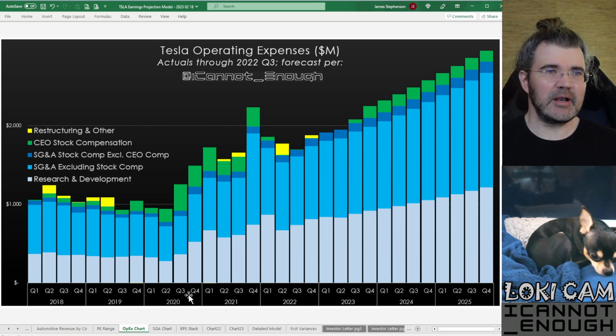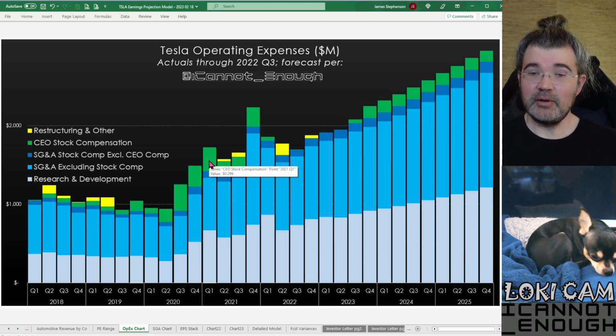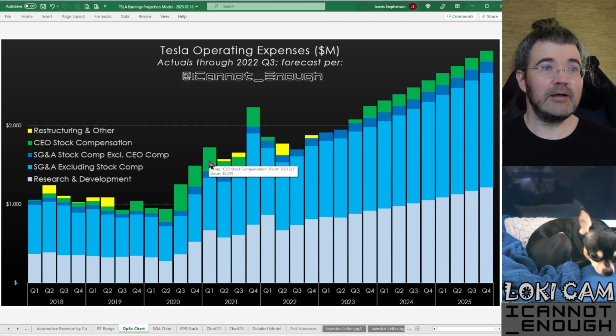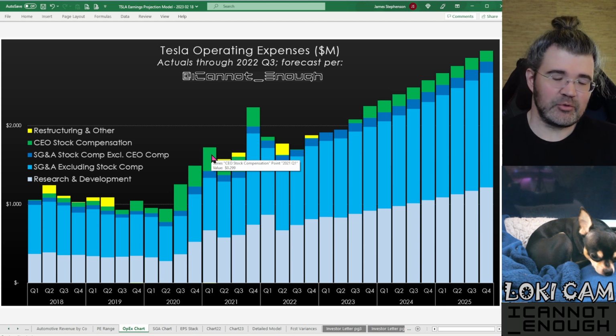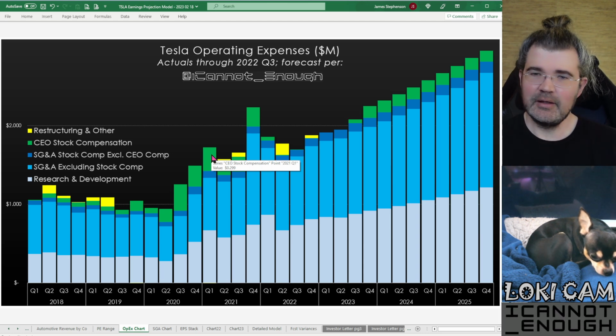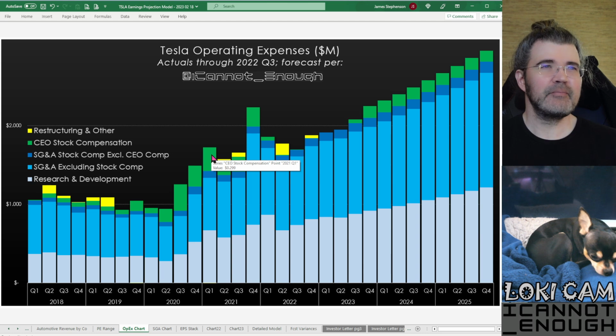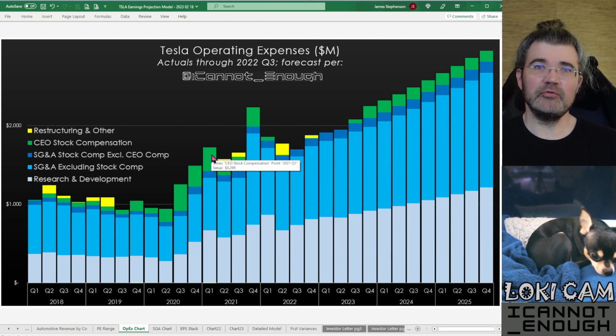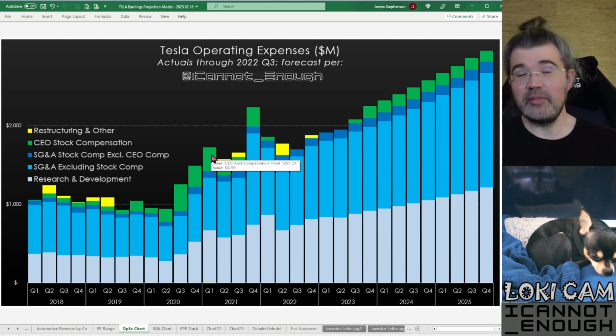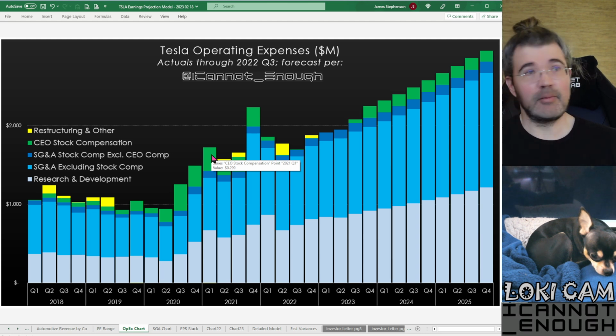So you see here in late 2020, there were big green bars here showing that Elon was making a lot of progress towards achieving his bonus plan incentives, stock option awards, or stock options. They're not awarding him stock. He's allowed to buy them at the same price Tesla was trading when the performance plan began in March of 2018.